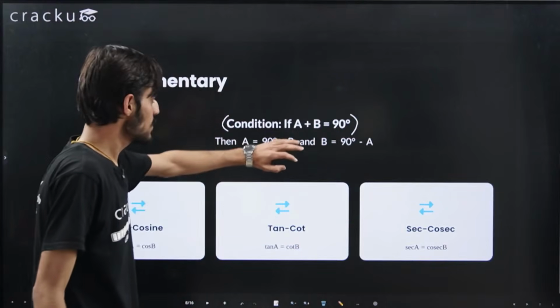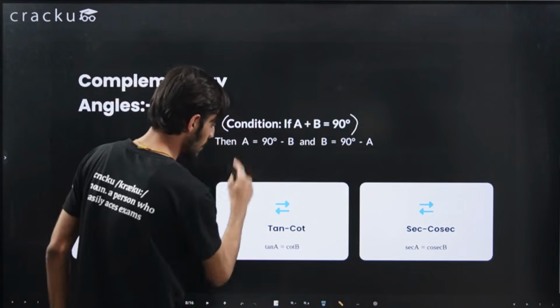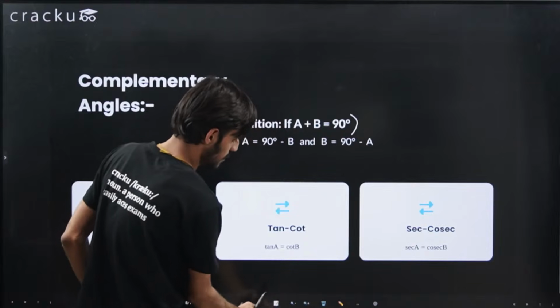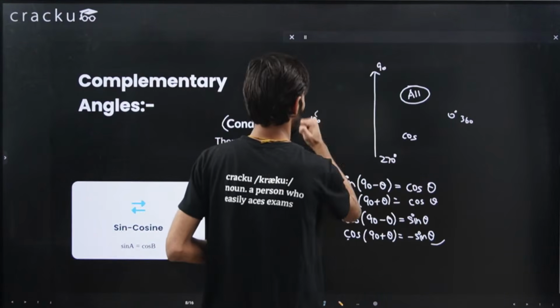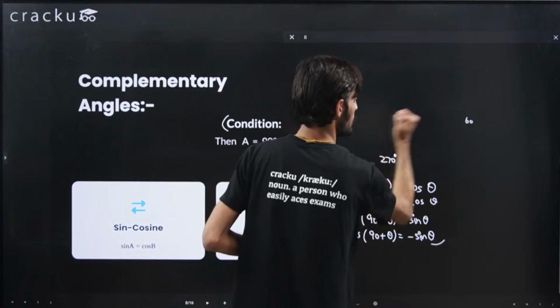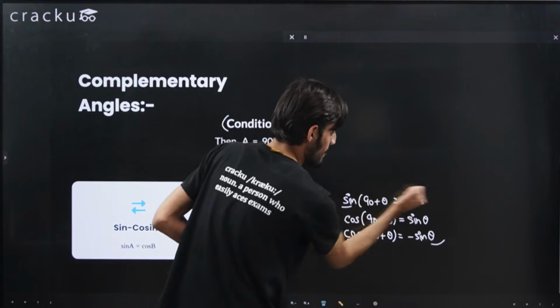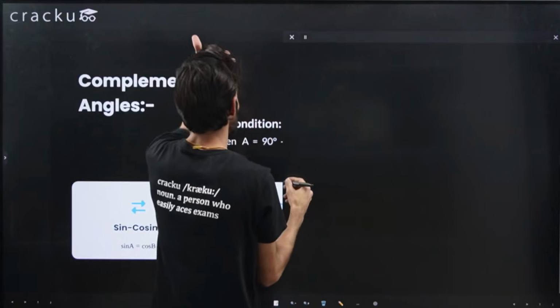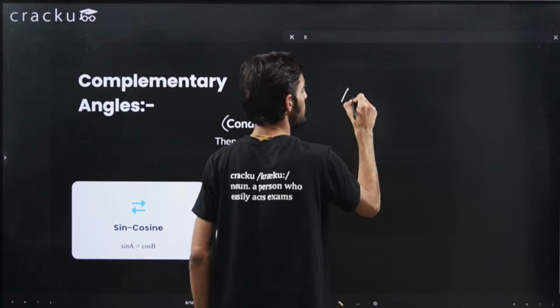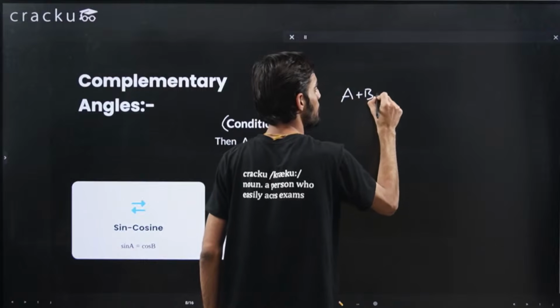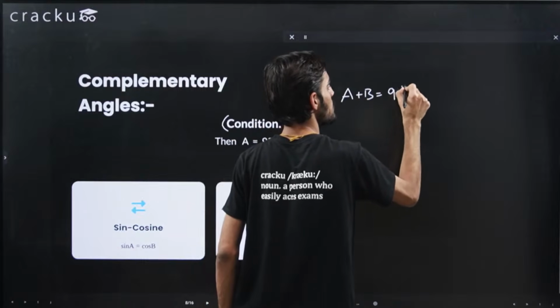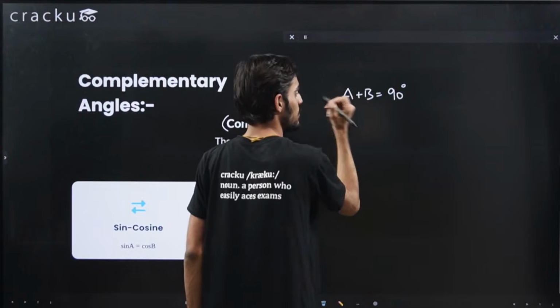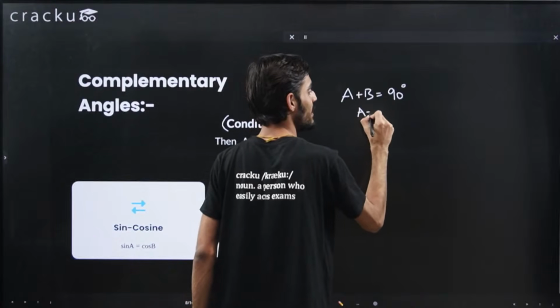If a plus b is 90 degree, then let's derive this particular result also. So if a plus b is 90 degree, we can write that a is equal to 90 minus b.